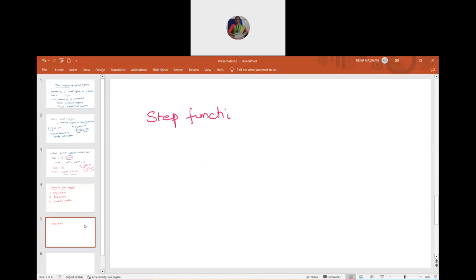Now, coming to the step function, okay, how do we define it? R of t is k for t greater than or equal to 0 and is equal to 0 for t less than 0. This is for the step function. So what we would like to say is how this step function is represented.